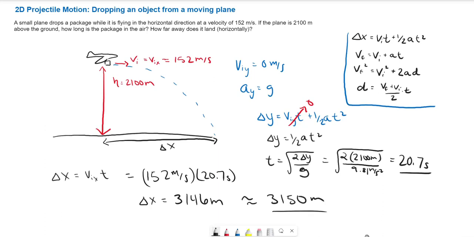So it takes 20.7 seconds to land, and it lands 3,150 meters away from where the plane initially was, horizontally. So that's how you would do this type of problem. And this, of course, is ignoring any air resistance. Usually air resistance is ignored in these kinds of problems early on. So we are ignoring air resistance in this problem.